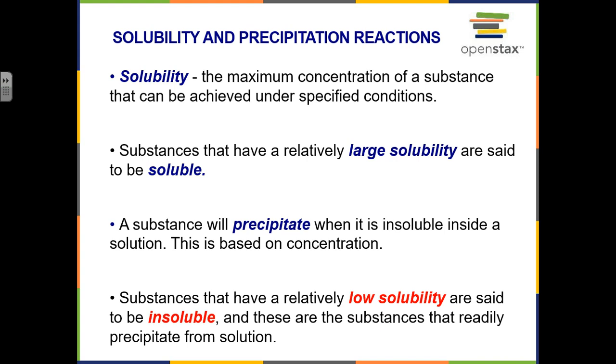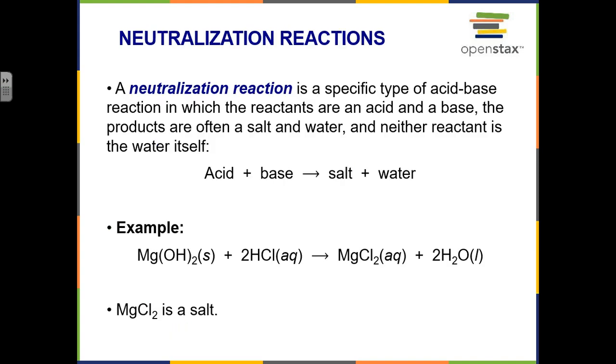If a substance is insoluble or close to insoluble, it will generate what's called a precipitate, which we've talked about. This is solely based on concentration and can be affected by temperature. Substances that have low solubility are said to be insoluble, and so low solubility, insoluble, forms a precipitate. When something is soluble and its large solubility is exhibited, it dissolves.